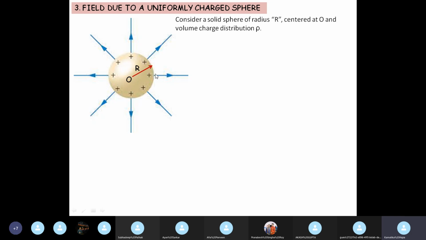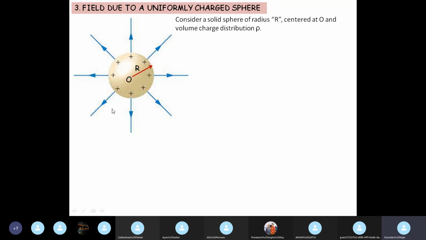So this is a solid sphere which has its center at O and its radius is capital R. And we assume in this particular problem that the entire sphere is charged with positive charge with a charge distribution rho. So it is a continuous charge distribution rho.